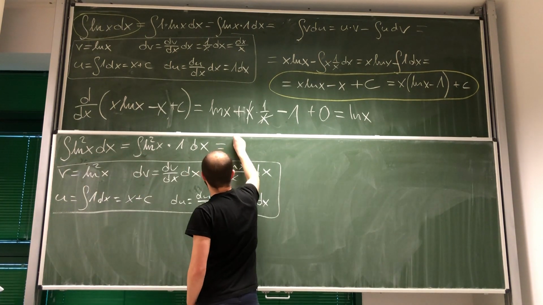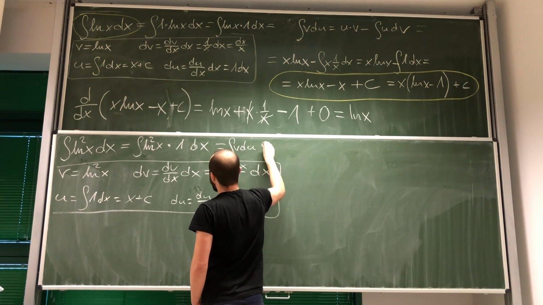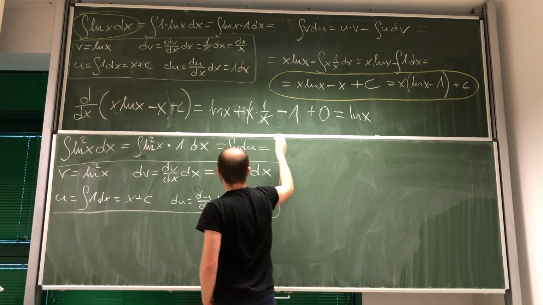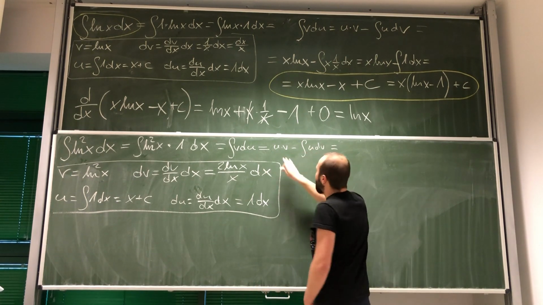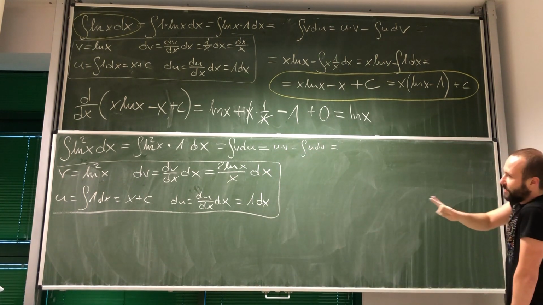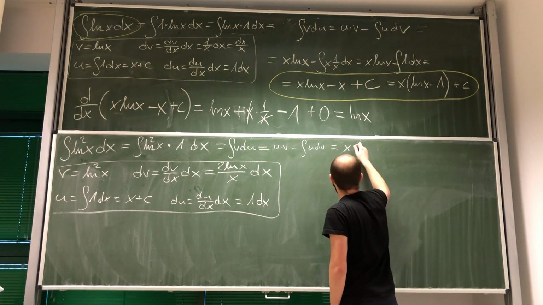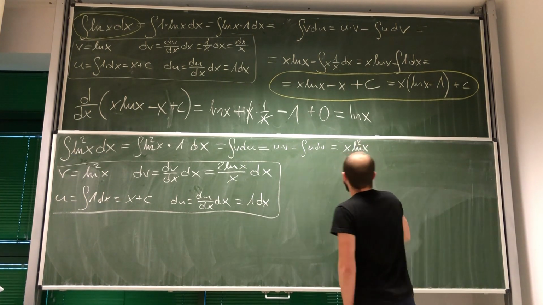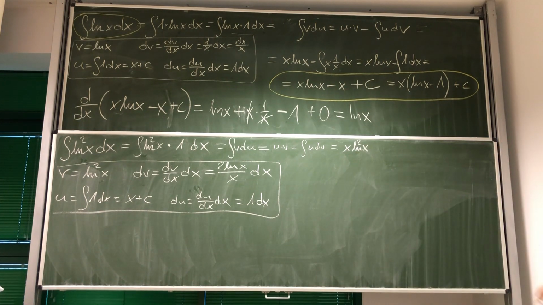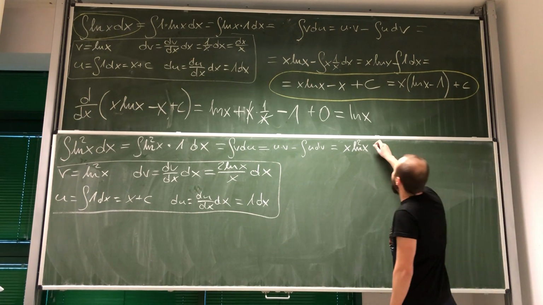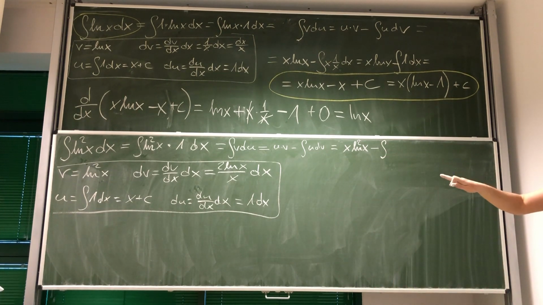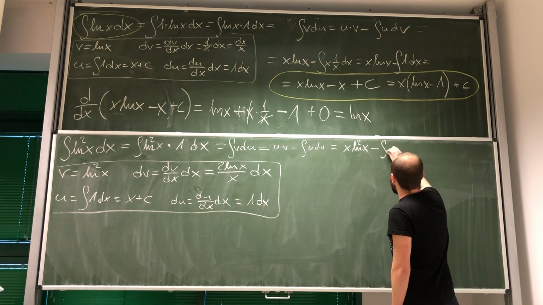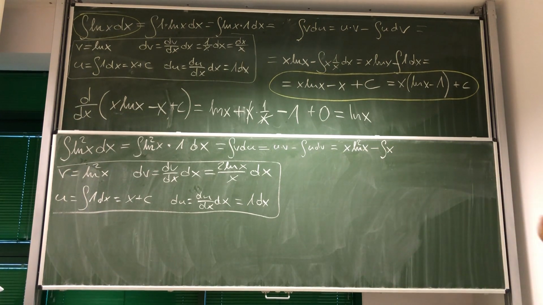So we've got that this is integral v du, which is equal to u times v minus integral u dv. Okay, u times v is simply x times ln squared x. And now we've got minus integral, and we substitute first u, which is x times, where do we have it?